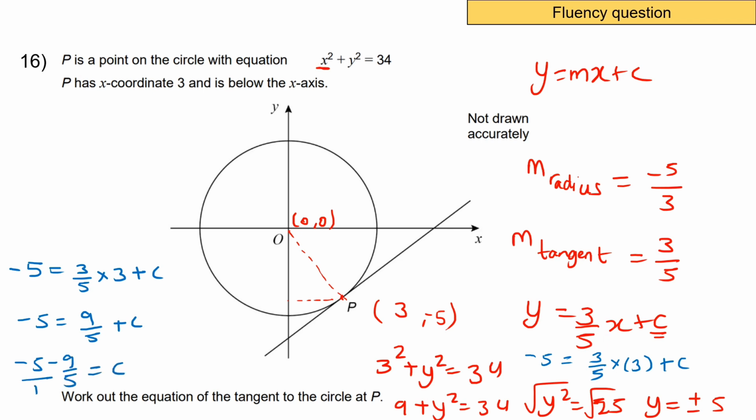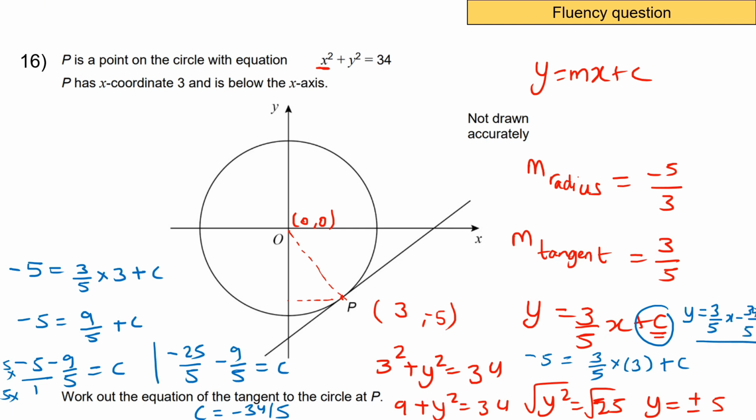Make them the same denominator, times it by 5, which would become negative 25 out of 5, take away 9 out of 5, and then that becomes negative 34 out of 5. So c is negative 34 out of 5, which means my equation is going to be y is equal to 3 out of 5 x take away 34 out of 5 as your final answer.